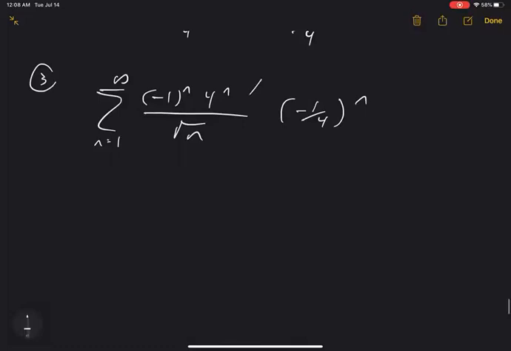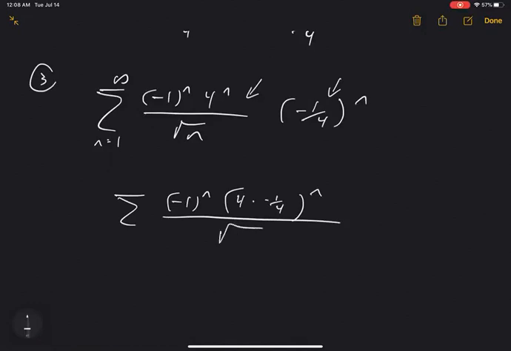All right, 4^n times (-1/4)^n. Well, that's going to become (4 times -1/4)^n. Well, that simplifies as (-1)^n.